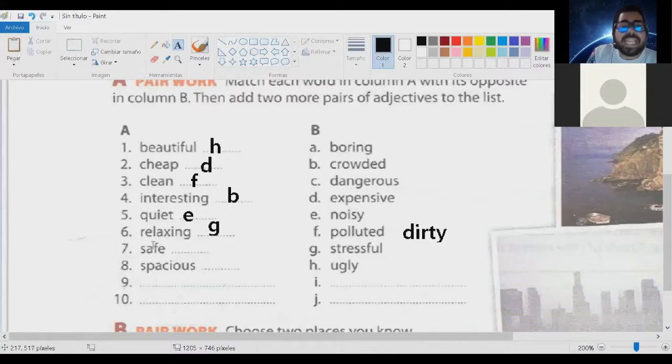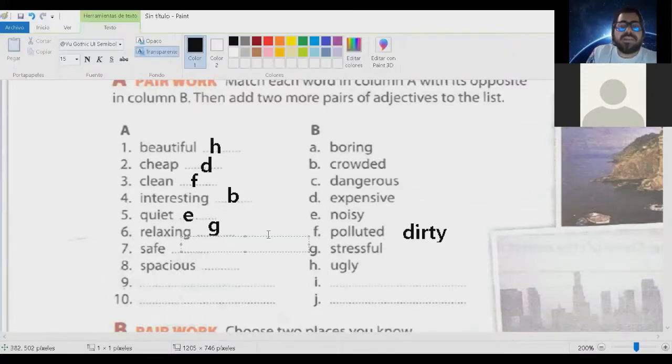Now, guys, we have in here safe. When we have the word safe, guys, it's the word seguro, right? A safe place or a safe city is una ciudad segura. Seguro, segura. Safe. But then, guys, we have the opposite. What is the opposite in here? So we have safe, and the opposite is dangerous.